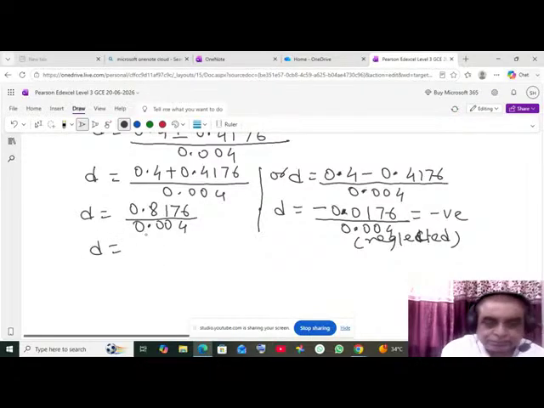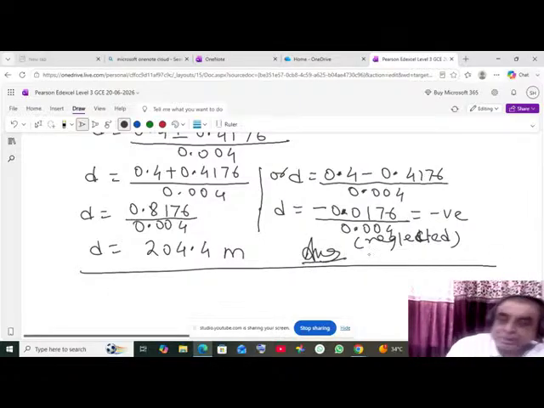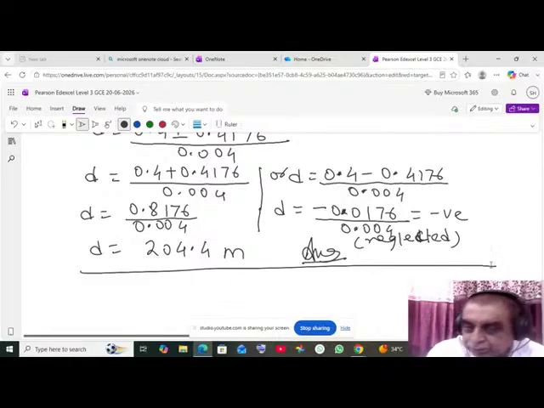So 0.8176 divided by 0.004 comes to 204.4. So many meters is the horizontal distance traveled by the arrow before hitting the ground. That is the A part answer.